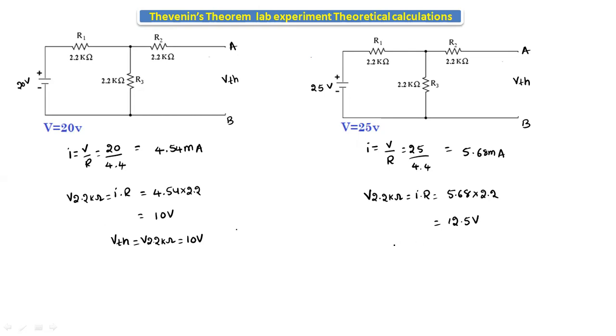Here VTH is nothing but the voltage across the 2.2 kilo ohm, which is 12.5 volts. The voltage across the 2.2 kilo ohm is VTH, because the other resistor is ignored as it is an open circuit. So VTH was calculated for 15 volts, 20 volts and 25 volts.